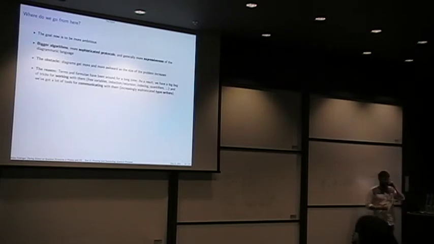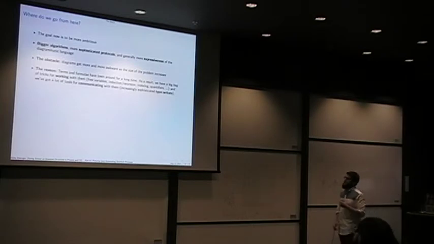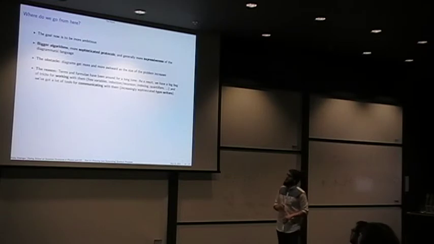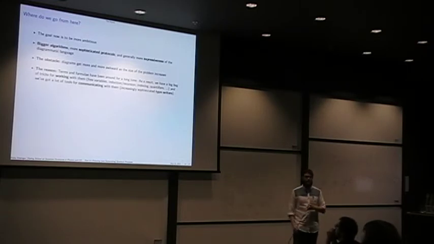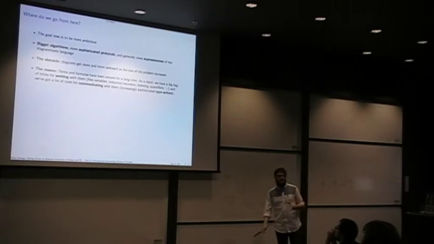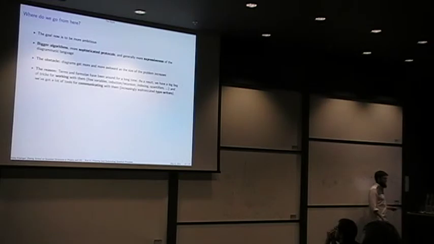But I think the reason is not fundamental, it has to do with tooling. Terms and formulas have been around for a long time. As a result, we have a big bag of things to do with them. We have variables, induction, recursion, indexing, quantifiers, and all sorts of stuff. So when we meet a new problem, we have this huge bag of tricks and start hitting the problem.